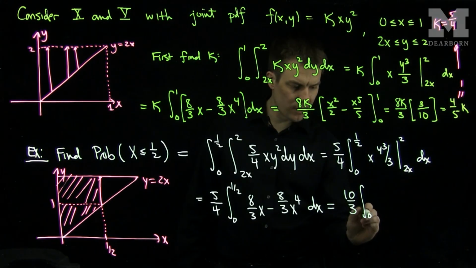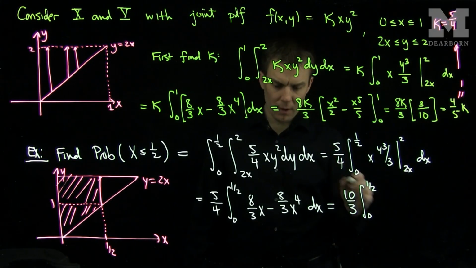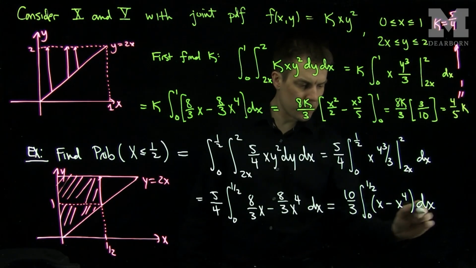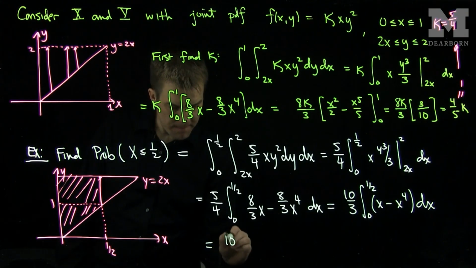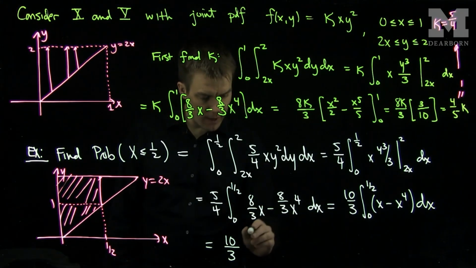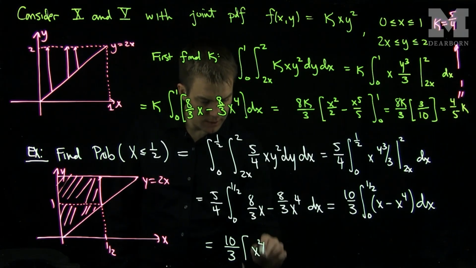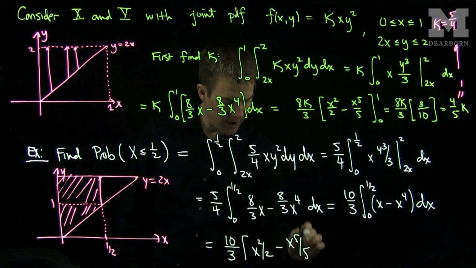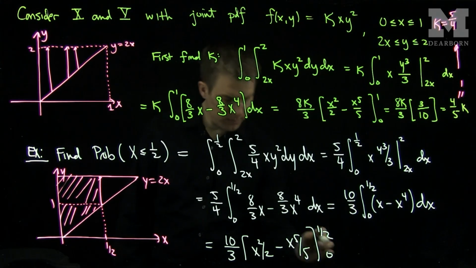The integral from 0 to 1/2 of x minus x to the 4th dx. So this is 10/3 times x squared over 2 minus x to the 5th over 5, from 0 to 1/2.